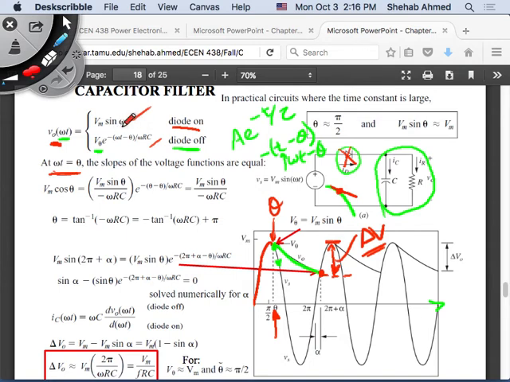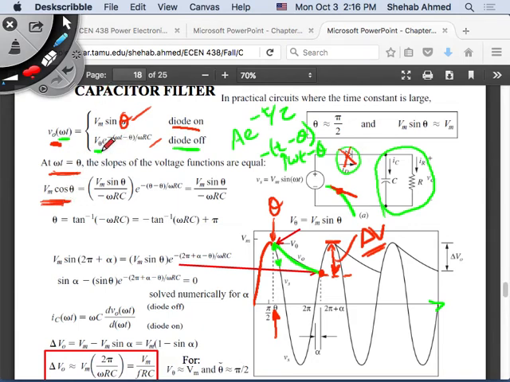What is the slope of that? It's a differentiation, right? Slope is the differentiation. So the derivative of Vmax sine is Vmax cosine, at Vmax sine omega t, where I want the slope at point theta. So this is Vmax sine theta, and I differentiate to find the slope at point theta, which I'm looking for. So I have Vmax cosine theta on one side.